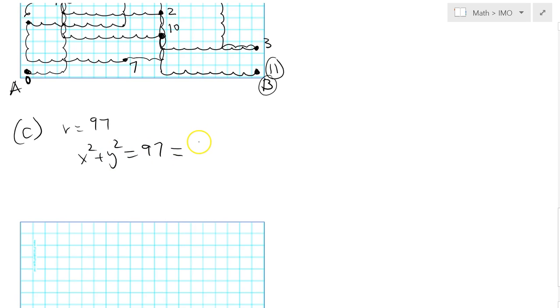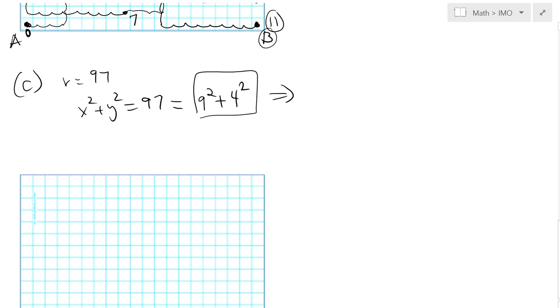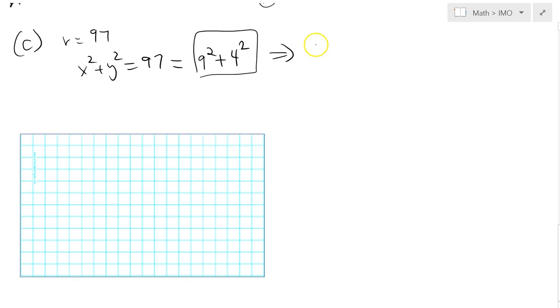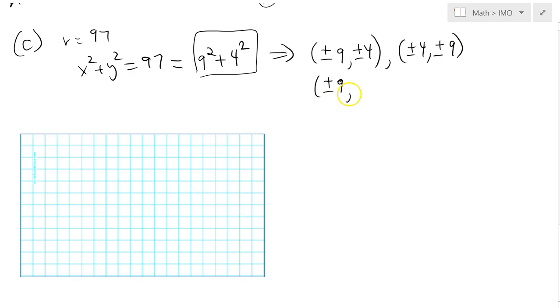Notice that there's only a single representation for 97, and it's just 81 plus 16. So that's the unique representation. Therefore, the translation vector PQ should look like we did earlier: plus or minus 9, plus or minus 4, and plus or minus 4, plus or minus 9.